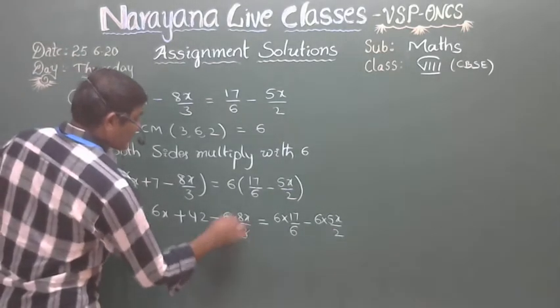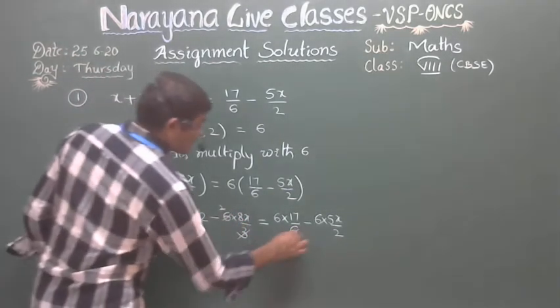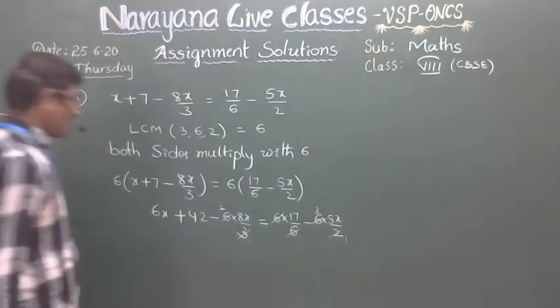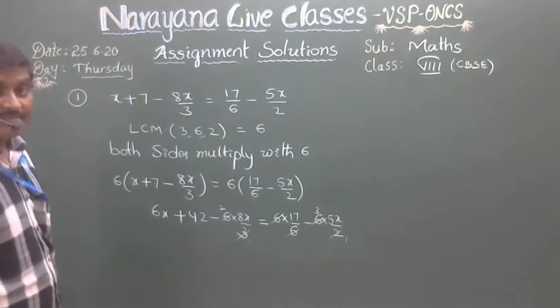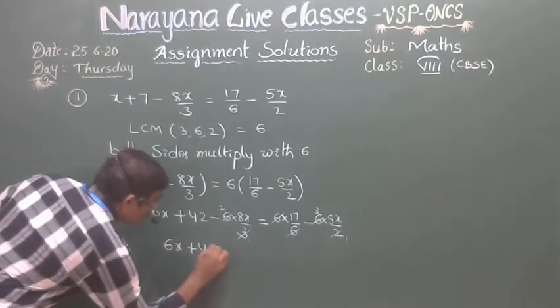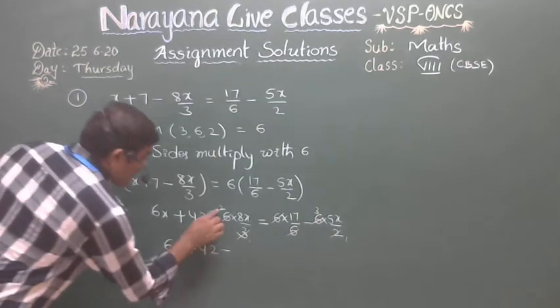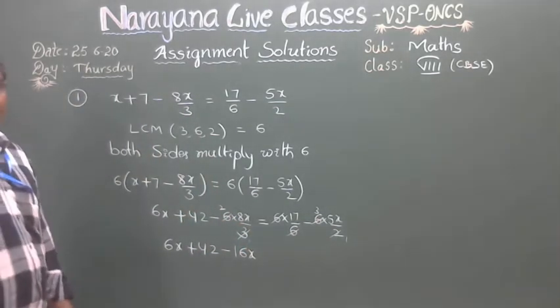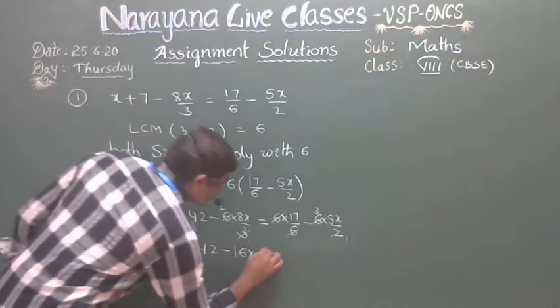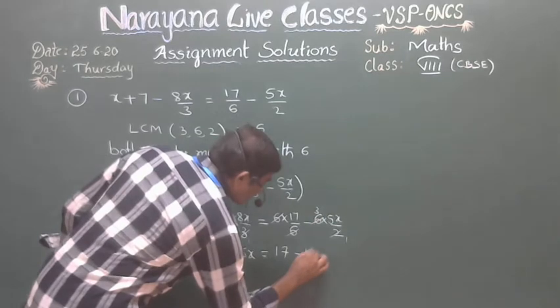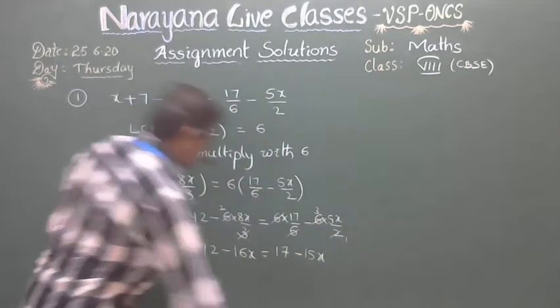Now let us simplify. 3 1s, 3 2s. 6 cancel, 2 1s, 2 3s. Now 6x plus 42 minus 2 8s are 16x is equal to 17 minus 3 into 5x, 15x.